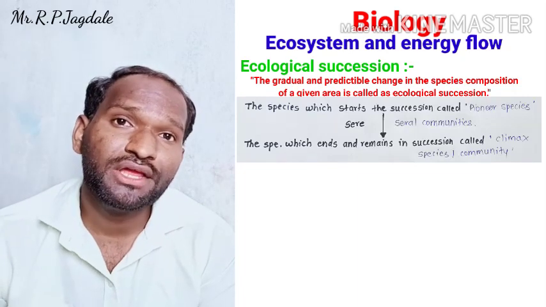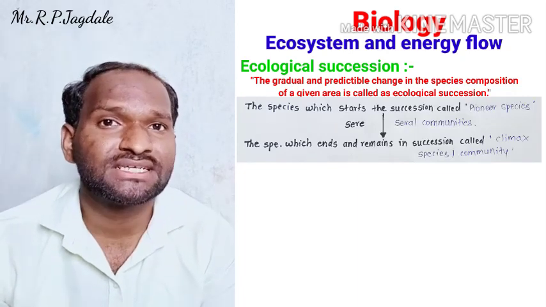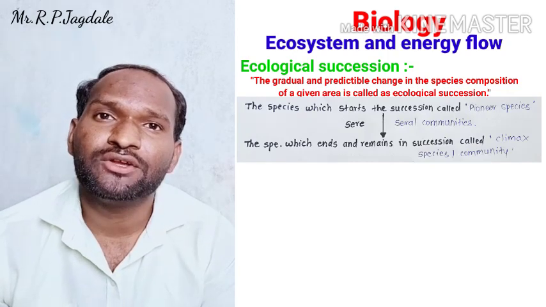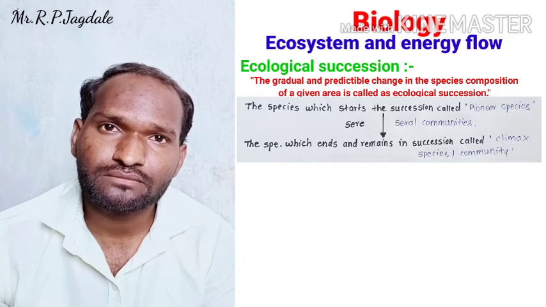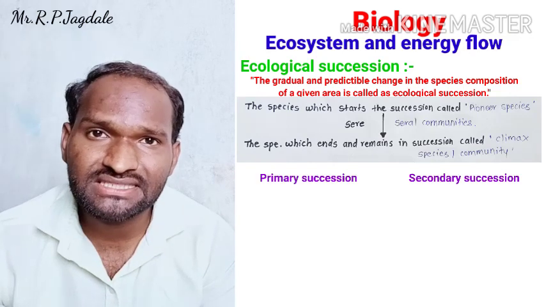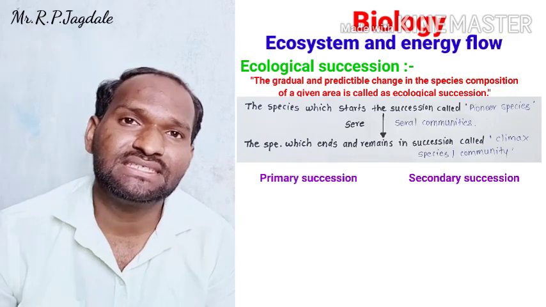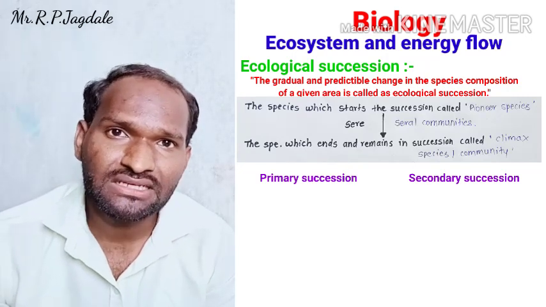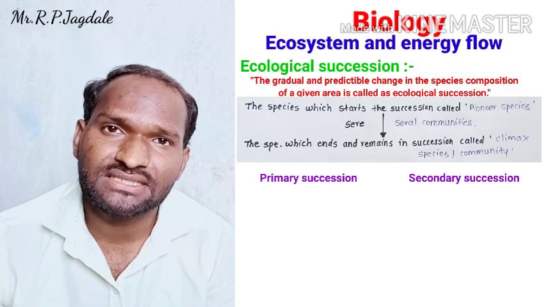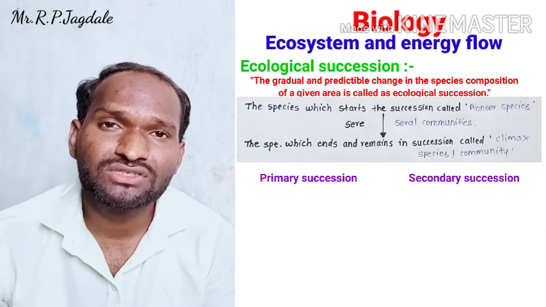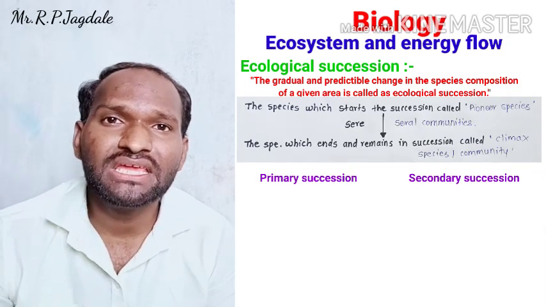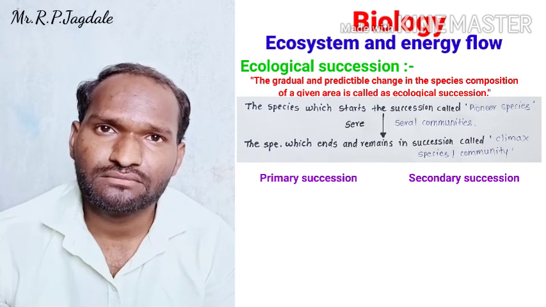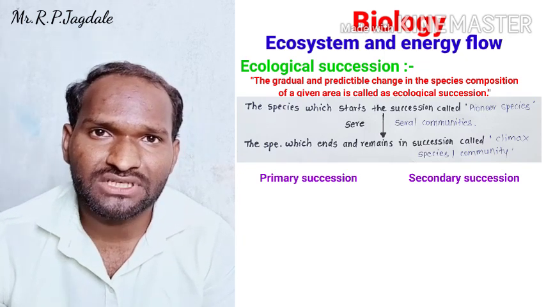According to the place of ecological succession, it is divided into two major types: the primary succession and the secondary succession. We will see both. First, the primary ecological succession.